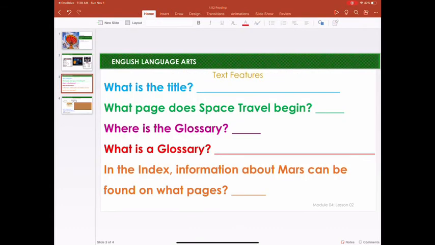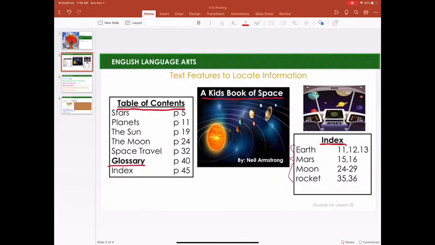All right, so we're going to refer back to that slide that we were just looking at to answer some of these questions, okay? So one of the text features we learned about is the title. What was the title of that book that we were just looking at? A Kid's Book of Space, remember?